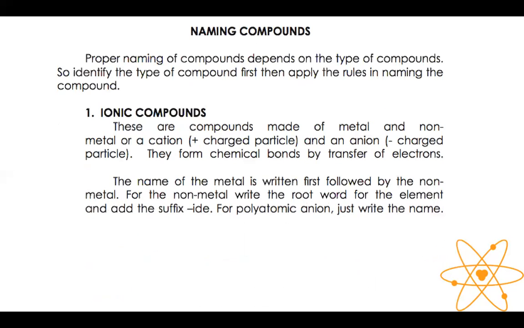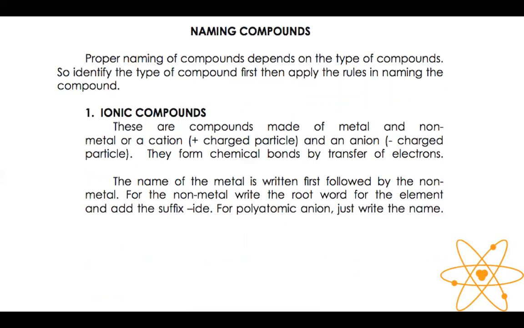They agreed that there should be rules in naming chemical compounds and writing chemical formulas, so that the authenticity of a certain compound can be easily understood. So let's move on to naming of compounds.